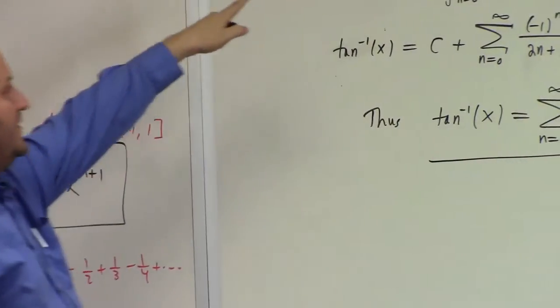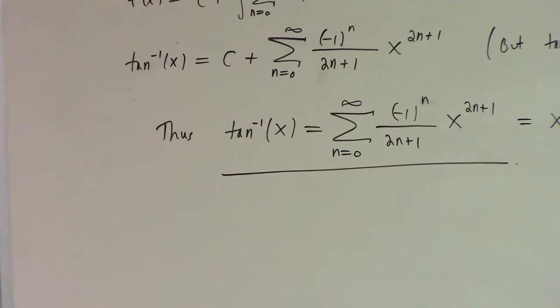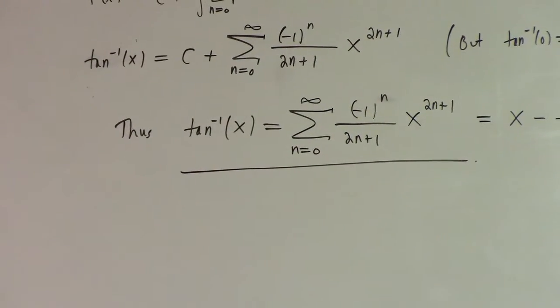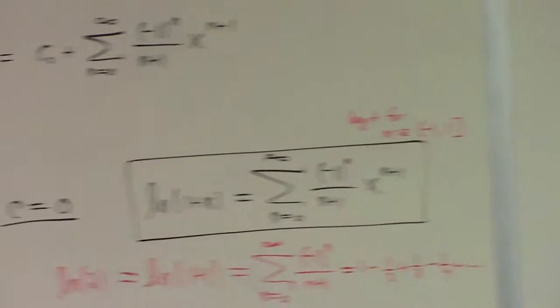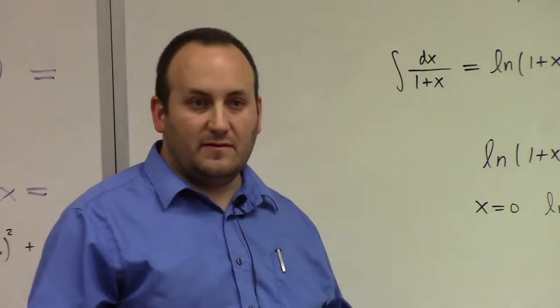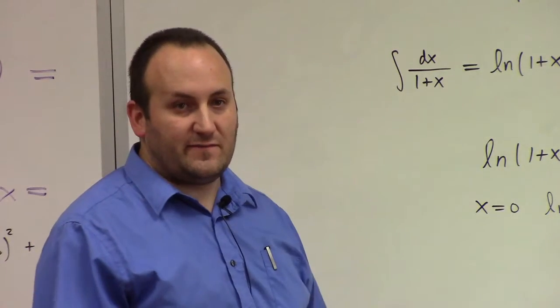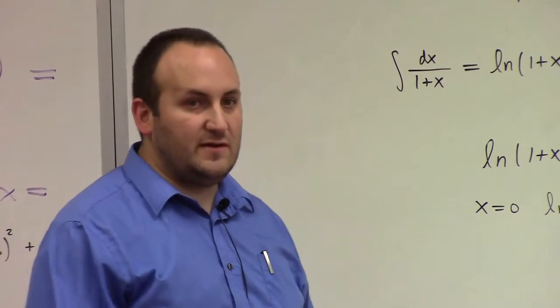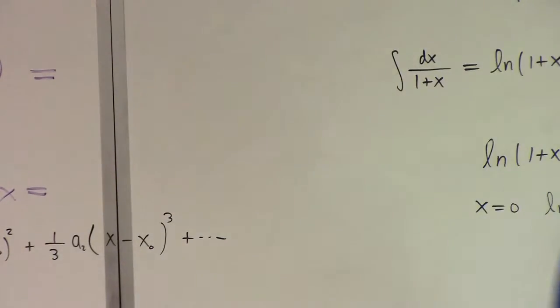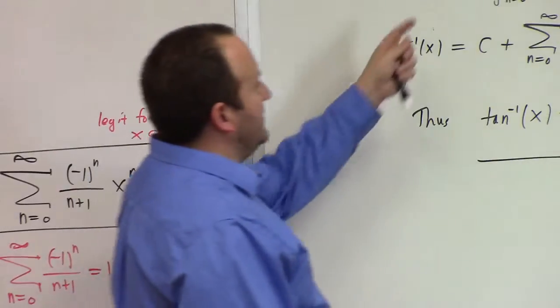What happens when you keep differentiating 1 over 1 plus x squared? You get quotient rule after quotient rule after quotient rule. It's quite awful. With relatively little effort, we have found the complete power series expansion for inverse tangent because we used the powerful truth of the geometric series and a little bit of cleverness.